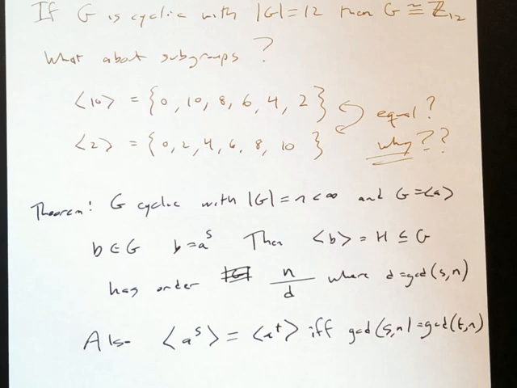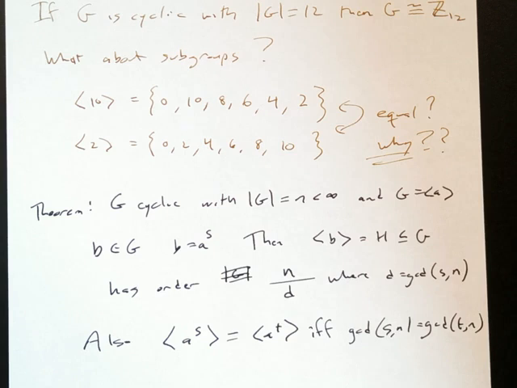The greatest common divisor of 10 and 12 is 2. The greatest common divisor of 2 and 12 is 2. Please note this automatically means that all I have to do is find out what numbers have what greatest common divisor. I can get all the subgroups.